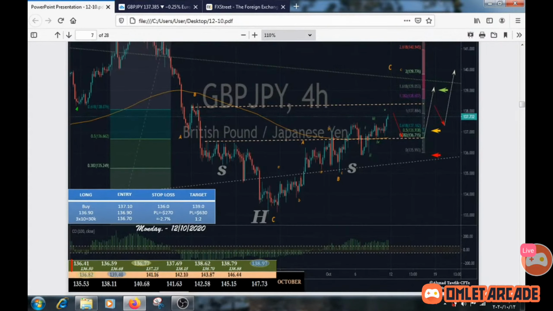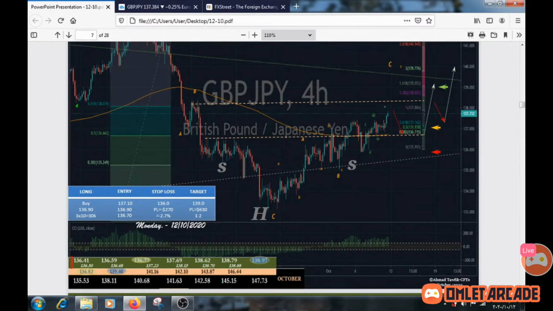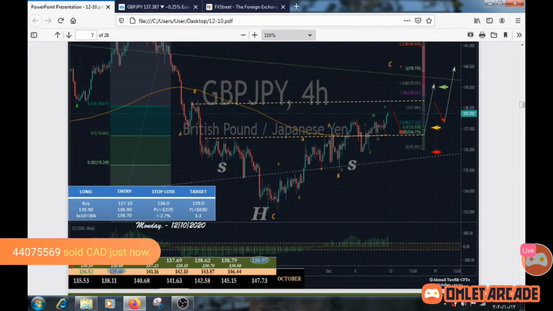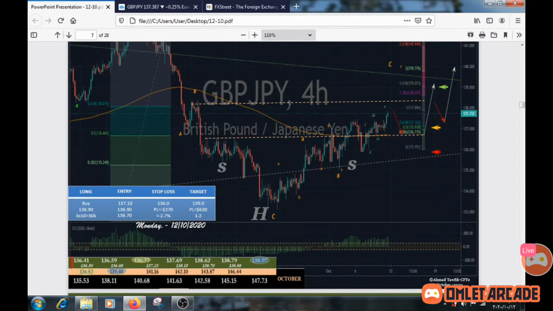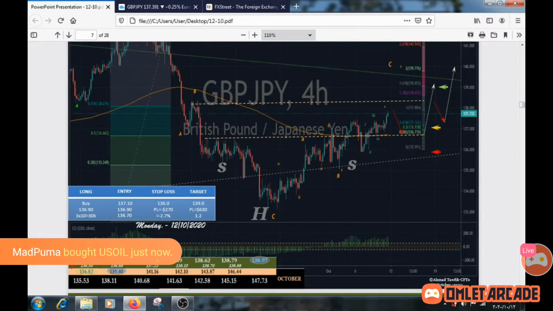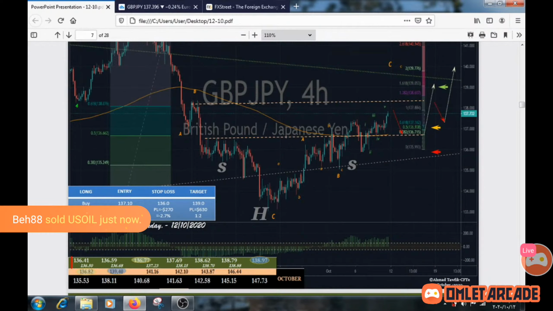Having done our homework correctly, I hope, we would expect to buy 137.10, 136.90, 136.70, and be comfortably holding with minimal risk at 2.7%, about $270.